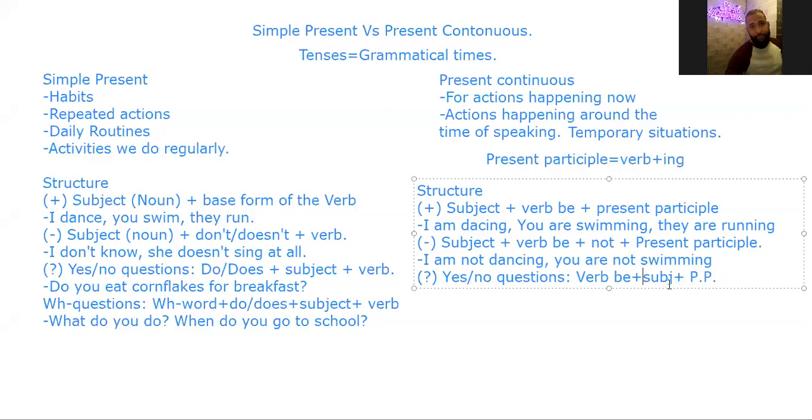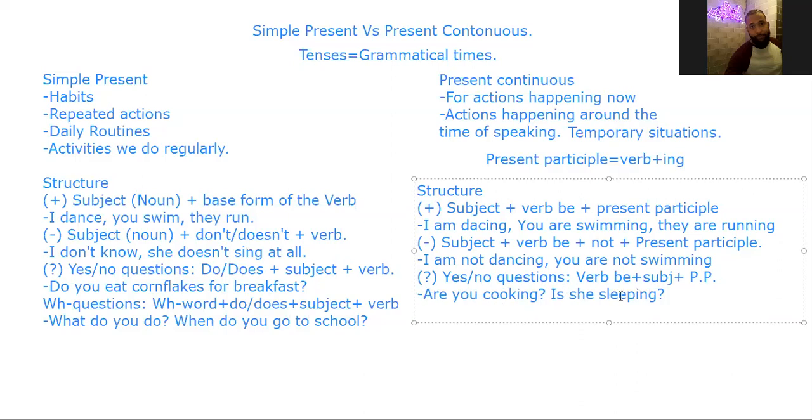So how is that? Are you cooking? Are you sleeping? Very good. Is she sleeping? Those are yes or no questions. Are you dancing? Are you listening? Exactly. Are you listening to me?